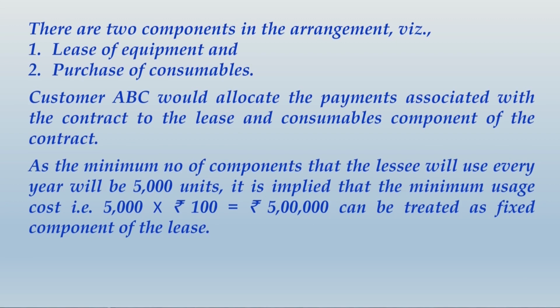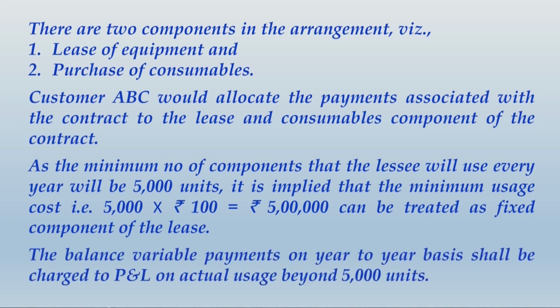As the minimum number of components that the lessee will use every year will be 5,000 units, it is implied that the minimum usage cost, that is 5,000 multiplied by rupees 100, that is rupees 5 lakhs, can be treated as a fixed component of the lease. The balance variable payments on a year-to-year basis shall be charged to P&L on actual usage beyond 5,000 units. So friends, please take note of this whole thing, and that will be the end of the answer.